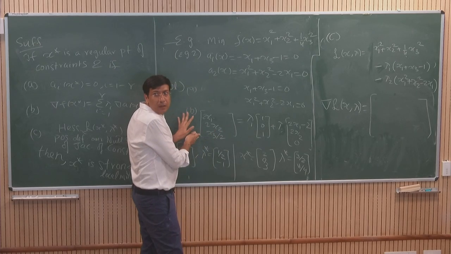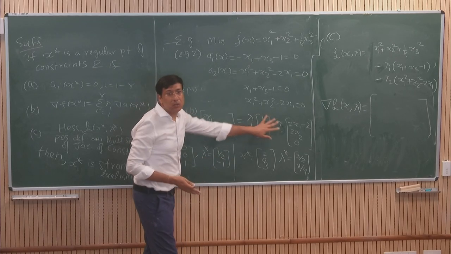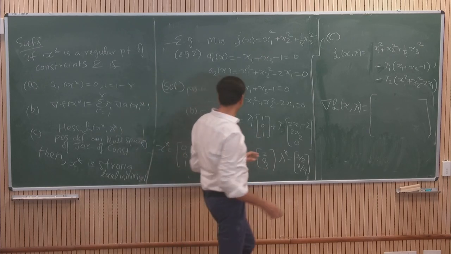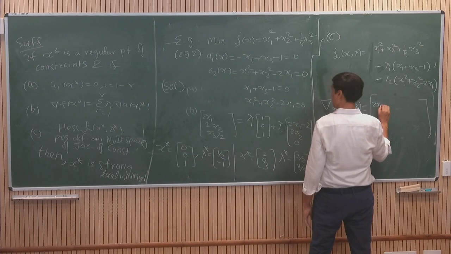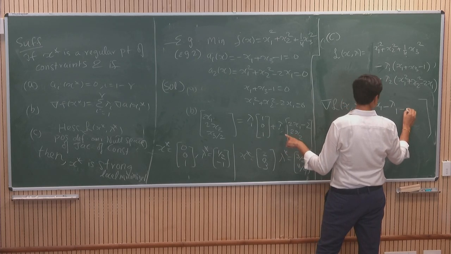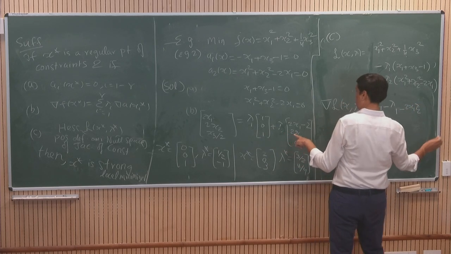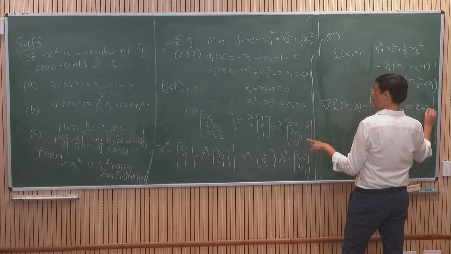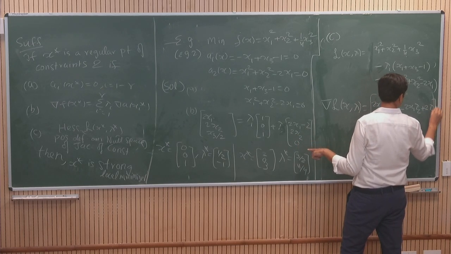So this is 2x1 minus lambda 1 minus 2x1 lambda 2 plus 2 lambda 2.